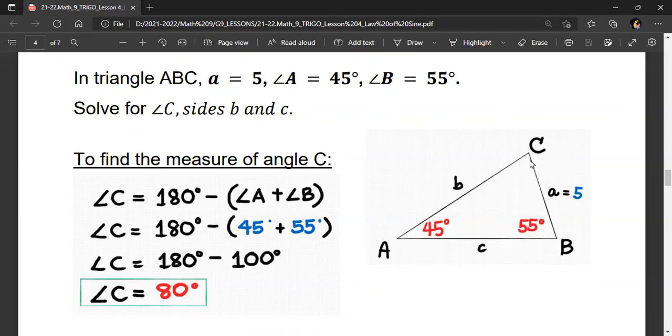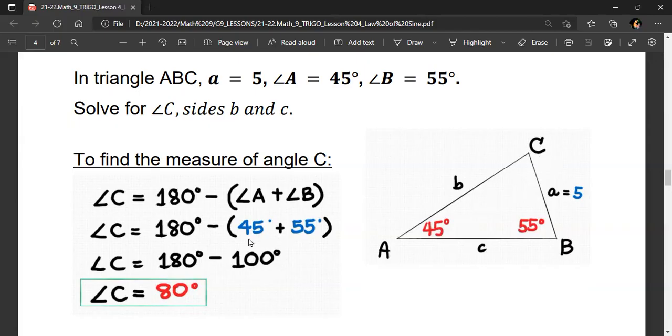Now, you'll notice that the triangle has three angles on it. Therefore, this angle C can already be computed because, as we recall, the triangle has interior angles with a total of 180 degrees. If we add 45 and 55, we will come up with 100.